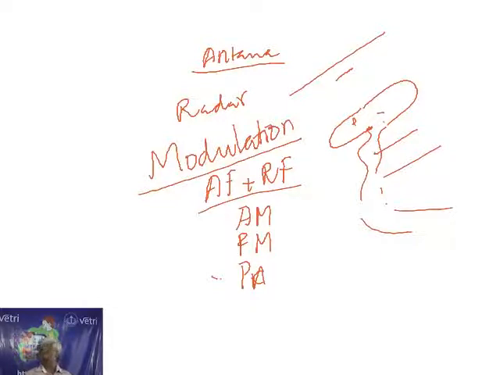FM means frequency modulation. We get a clear output in frequency modulation. But one important drawback is that for FM the frequency range must be around 100 only. Whereas in amplitude modulation, a wide range of band will be there.